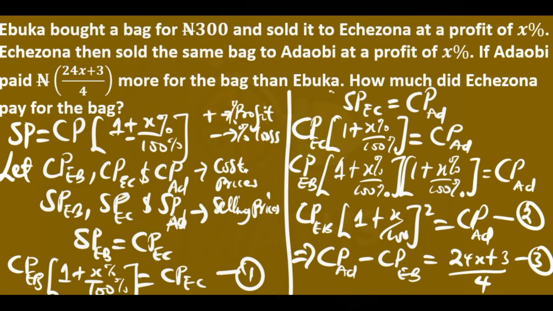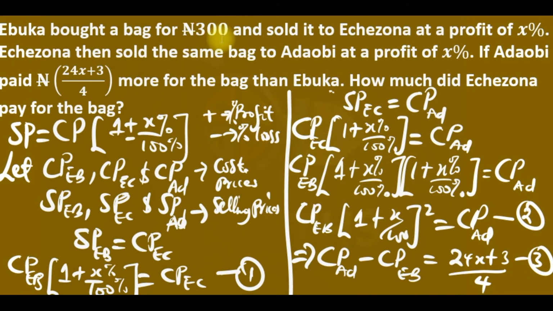As you can see, we have a common term, so we factor out CP Ebuka. We have CP Ebuka times ((1 plus x over 100) squared minus 1) equals (24x + 3)/4. We substitute the value, because they told us the cost price of Ebuka is 300.